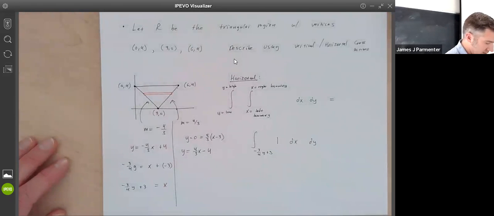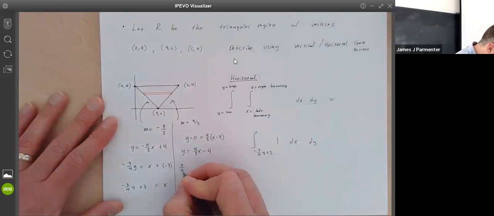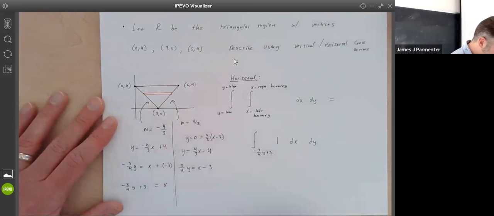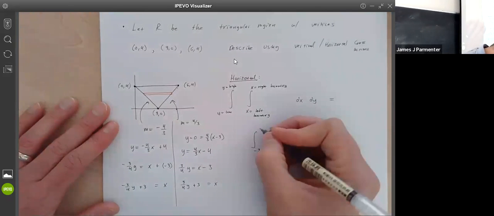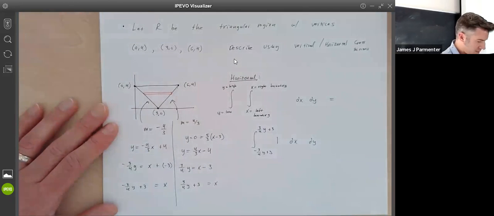Then we can solve for x as a function of y by multiplying everything by 3/4: 3/4 y equals x minus 3, and then x equals 3/4 y plus 3. So that's going to be my upper bound, positive 3/4 y plus 3.